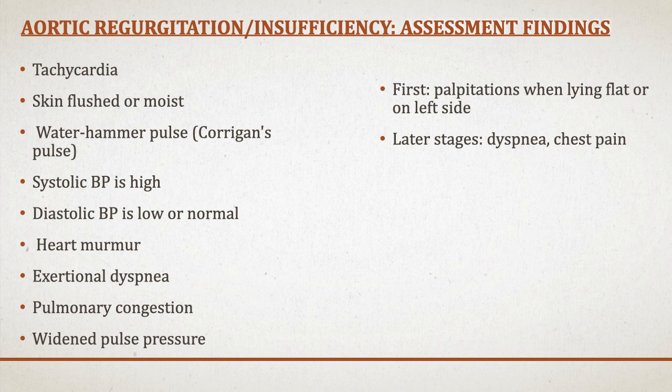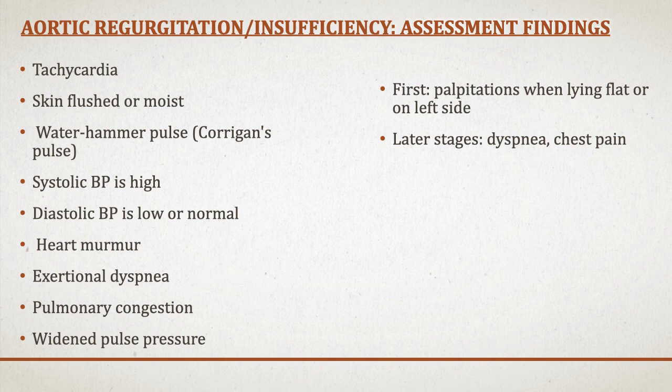So one of the first things that you may notice in your assessment findings with this patient are palpitations when the patient lies flat or they're on their left side. They may have that feeling of palpitations whenever they're turned on their left side or lying flat. Your later stages, as the disease progresses, is when you're going to start having that more dyspnea and even some chest pain associated with that.